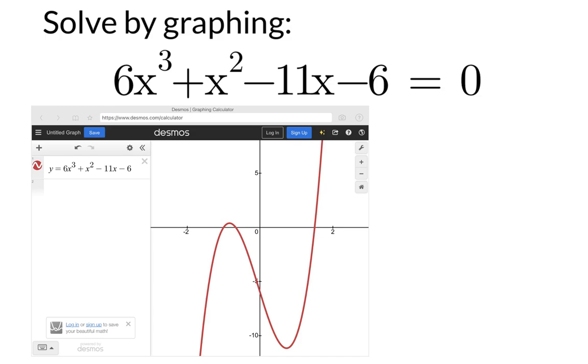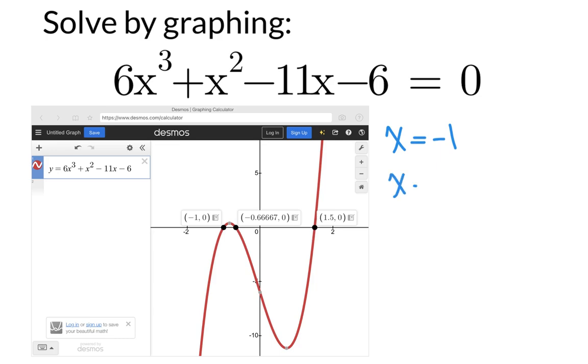Now, if we want to find the solutions, all we have to do is find x-intercepts. So, highlighting our important numbers, our x-intercepts, we can see what all of our solutions are going to be. The first one, we have that x-intercept at negative 1, 0. That means that x is negative 1.